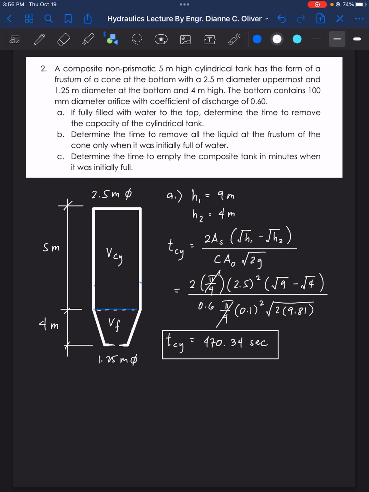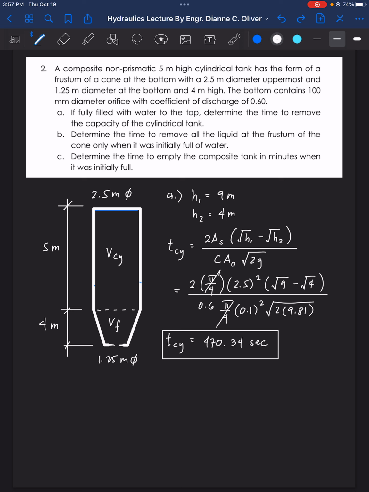Now for letter B, it says there, determine the time to remove all the liquid at the frustum of the cone only when it was initially full of water. So again, the water here is initially full, and then we will need to remove only the water at the frustum of a cone.